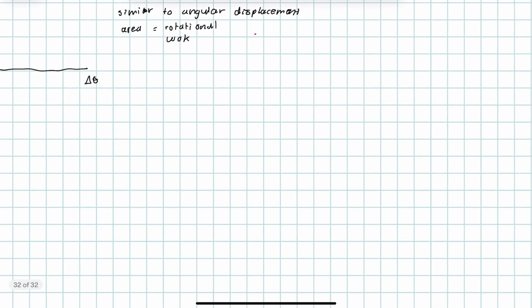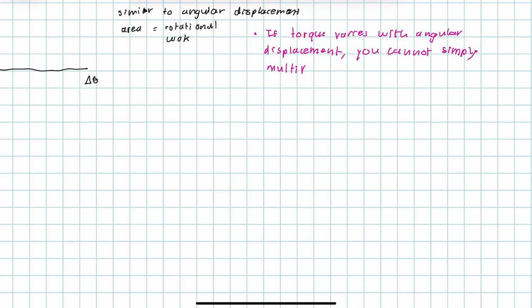Another thing you should note is that if torque varies with angular displacement, you cannot simply multiply torque by angular displacement.